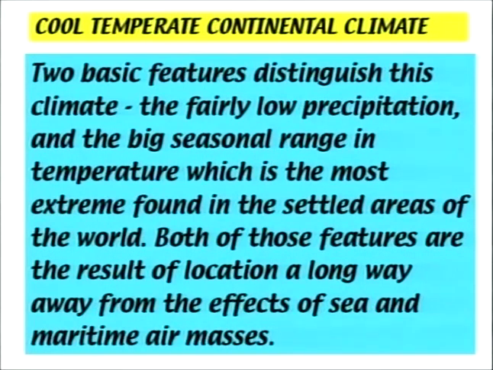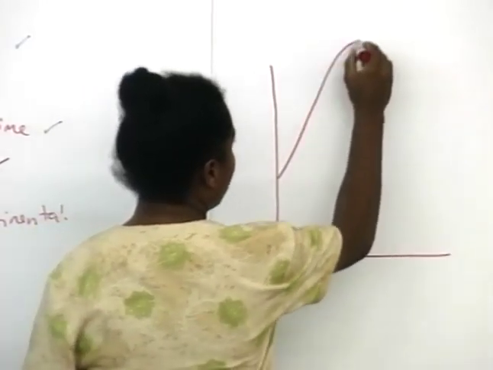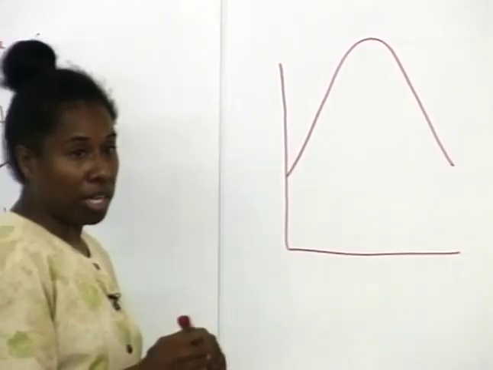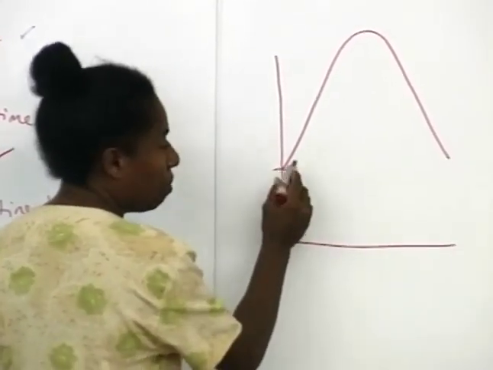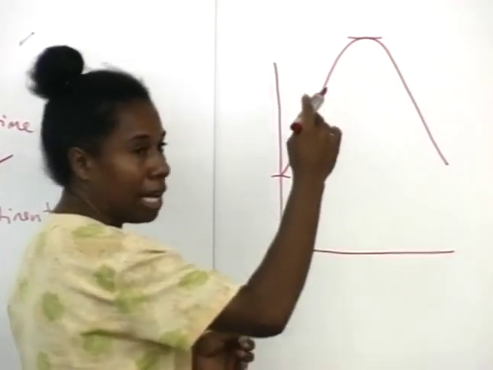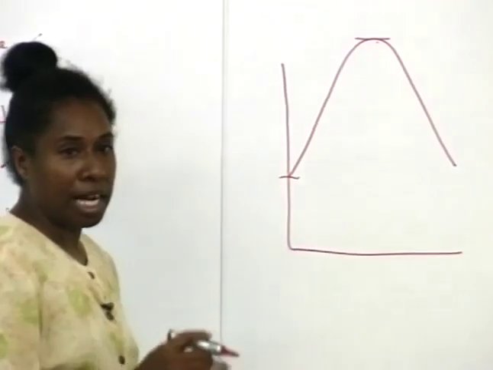So if you look at the climograph of a cool temperate continental climate, because it is in the northern hemisphere, there would be a big difference in terms of temperature range. The lowest temperature would be quite low, and the highest temperature a little bit higher, but the difference between the highest and lowest would be greater.